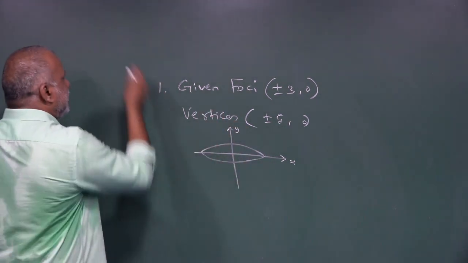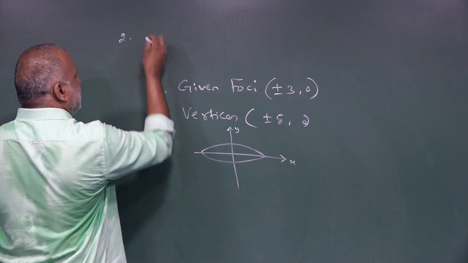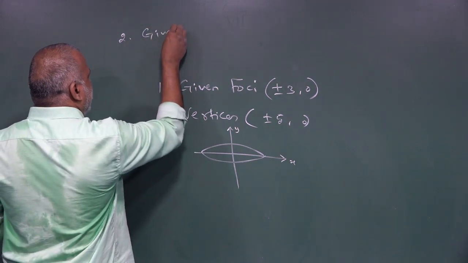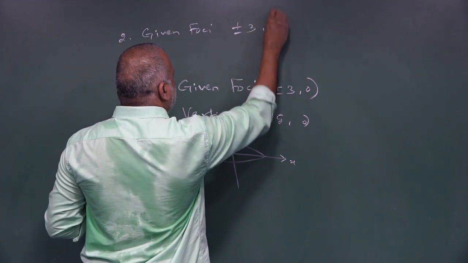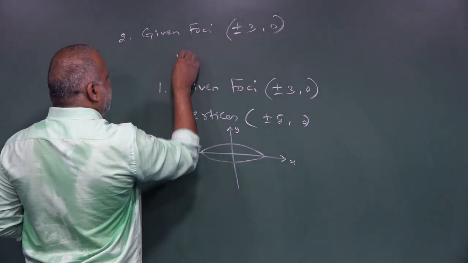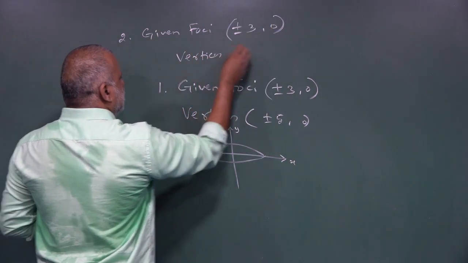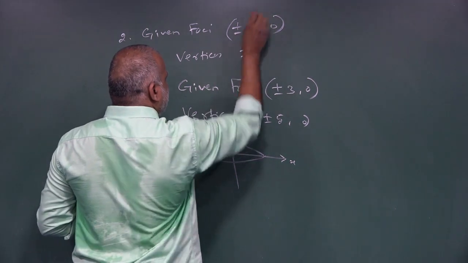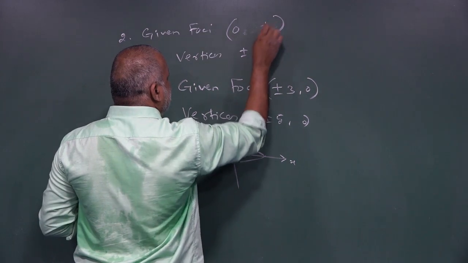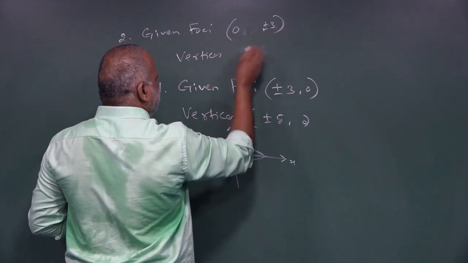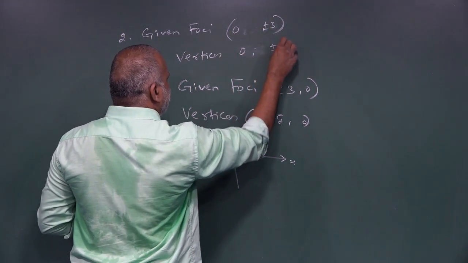Suppose, for example, the given foci are 0, plus or minus 3, and the given vertices are 0, plus or minus 5.